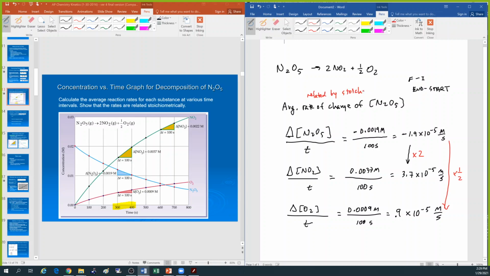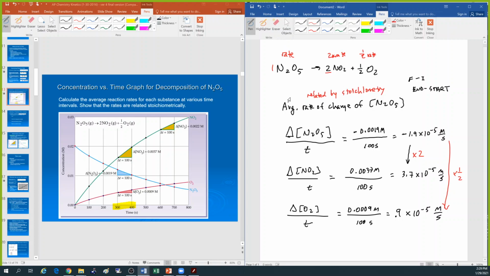And that makes perfect sense because until now we didn't really worry about the timing of reactions. We just said, okay, what are the total amounts? And we know that for every 1 mole of this, 2 moles of this are produced. So if this is changing at some rate, this is going to be 2 times that rate, right? And this is going to be half that rate. And that's all we've seen so far. That's all I'm comparing right now.